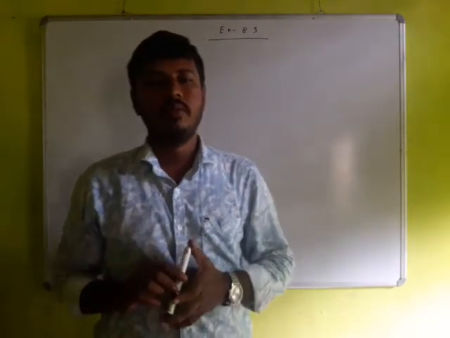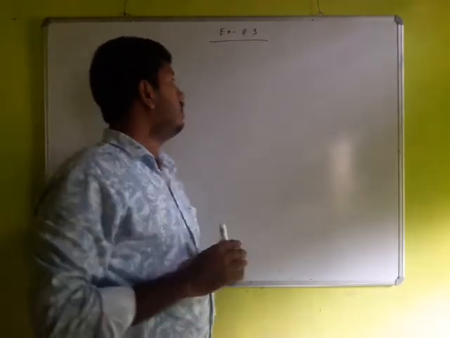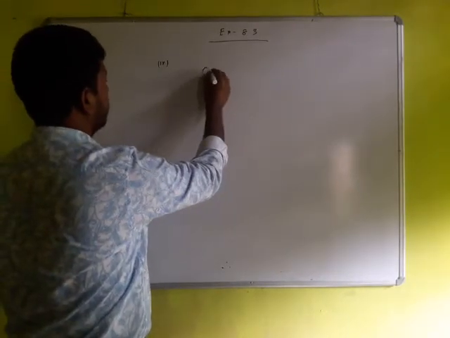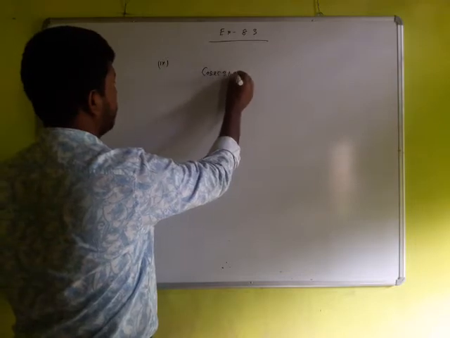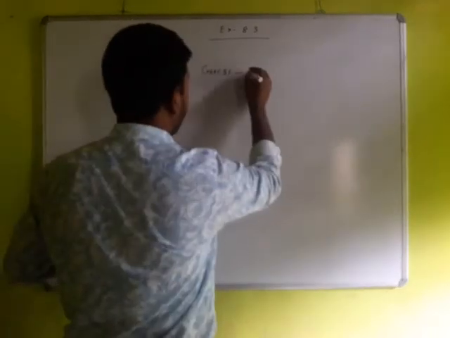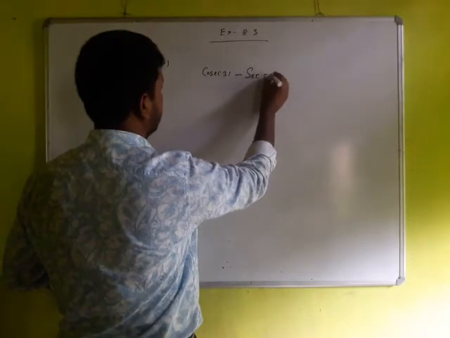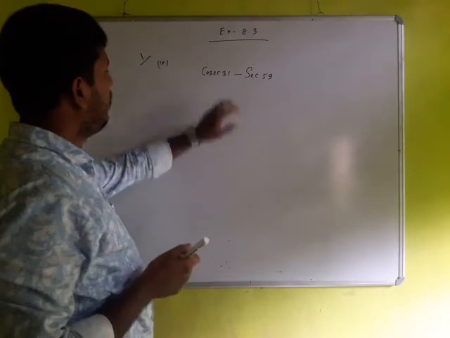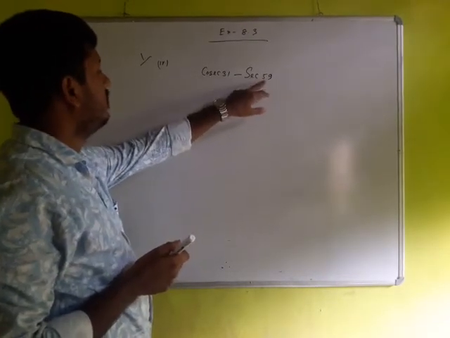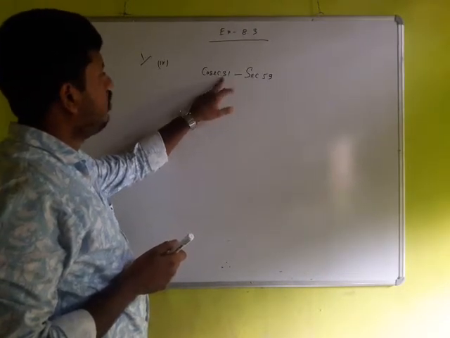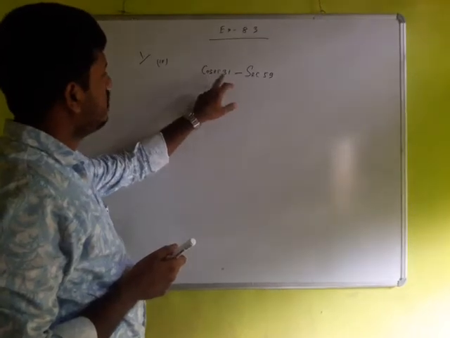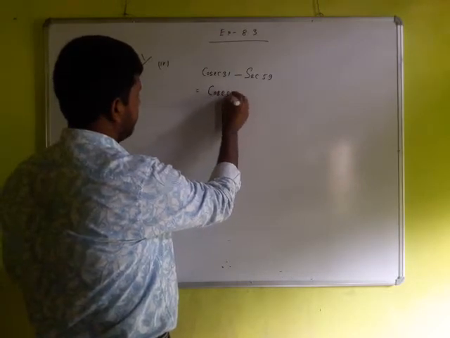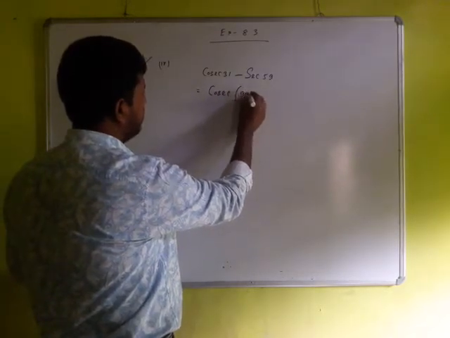Now try to solve the question 1(iv). It is cosec 31 minus sec 59. First we have to take the complementary angle of either 31 or 59. The complementary angle of 31 is 59. So cosec 31 can be written as cosec(90 minus 59).